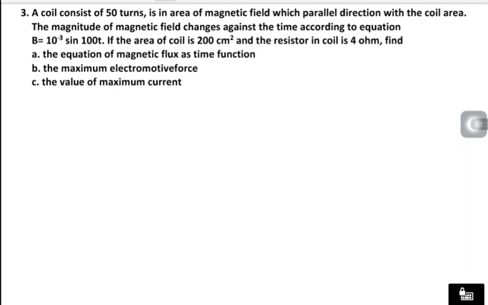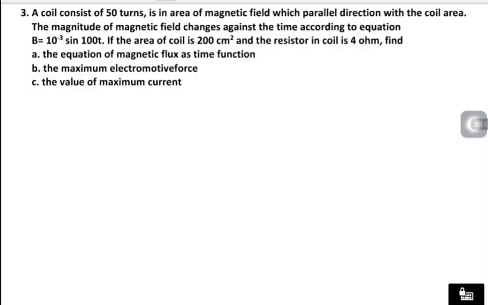If the area of the coil is 200 centimeters squared and the resistance of the coil is 4 ohms, find A, the equation of magnetic flux as a time function, B, the maximum electromotive force, and C, the value of maximum current.